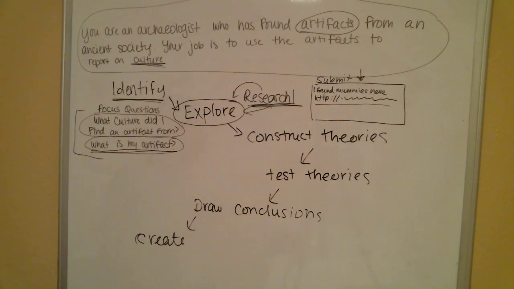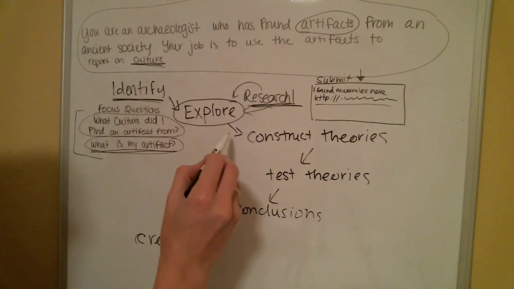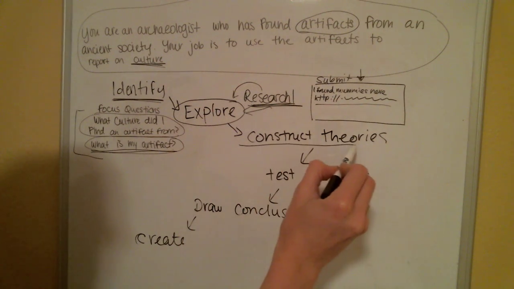Okay? So the research portion is your explore portion. This is where you are finding out the meat of your research and your data and all of your questions. You're finding answers, okay? So once you're done finding answers in your research, we'll move on to construct theories.